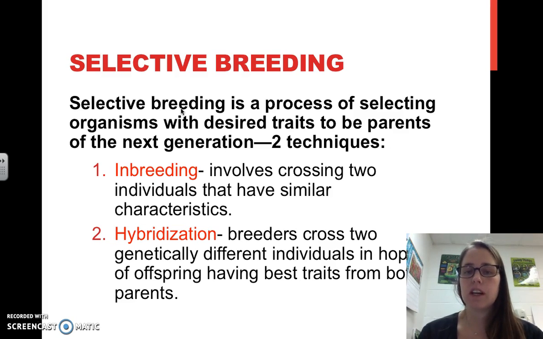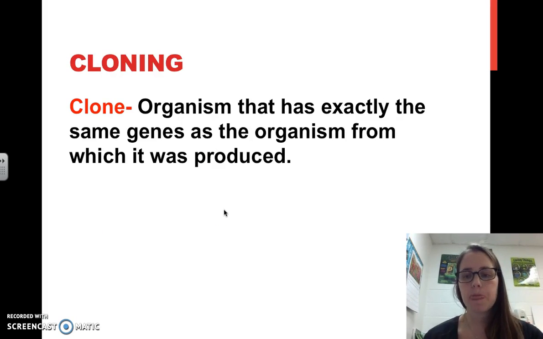We can either inbreed, or cross individuals who have two similar characteristics, or if we don't want just a single trait that both have, if we'd like a combination of what two individuals have, we can cross two genetically different individuals in the hopes that the offspring will have the best traits from both parents, and kind of make a hybrid. So again, inbreeding is crossing two similar individuals, hybridization is crossing two different individuals.